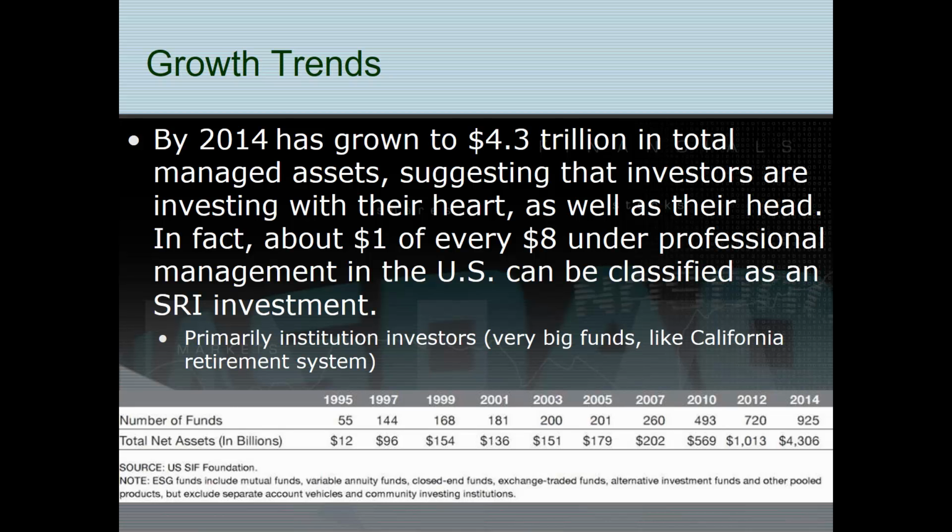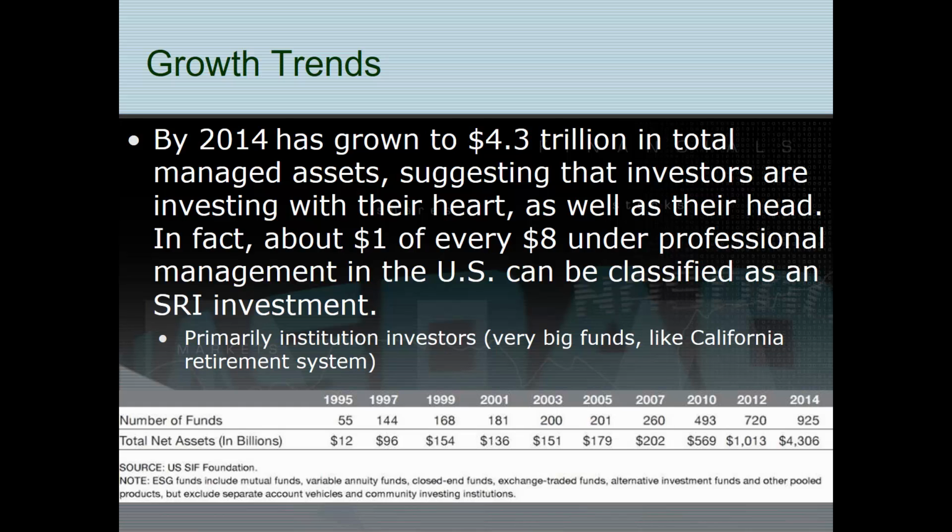So these are obviously some dated numbers, but look at this, just the acceleration in the number of funds that are committed to socially responsible investing. You can see in 1995 it was barely even heard of. There were only 55 of them. All the way up, within a 20-year period, to 925.